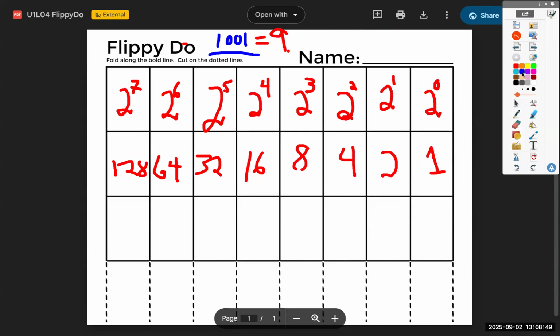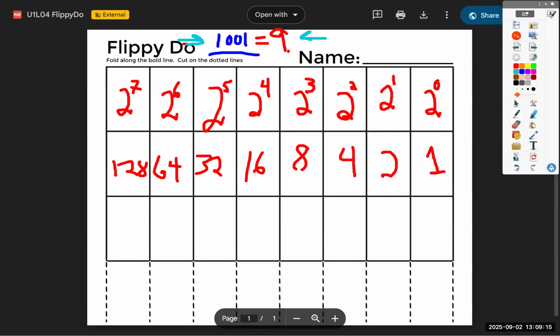Just like this is, let's pick another color, this is 9, and so is this. It's just like translating a word into another language. It isn't less than the one that it came from. It is that, just in another language. Both of those are 9. It's just another way to write it.